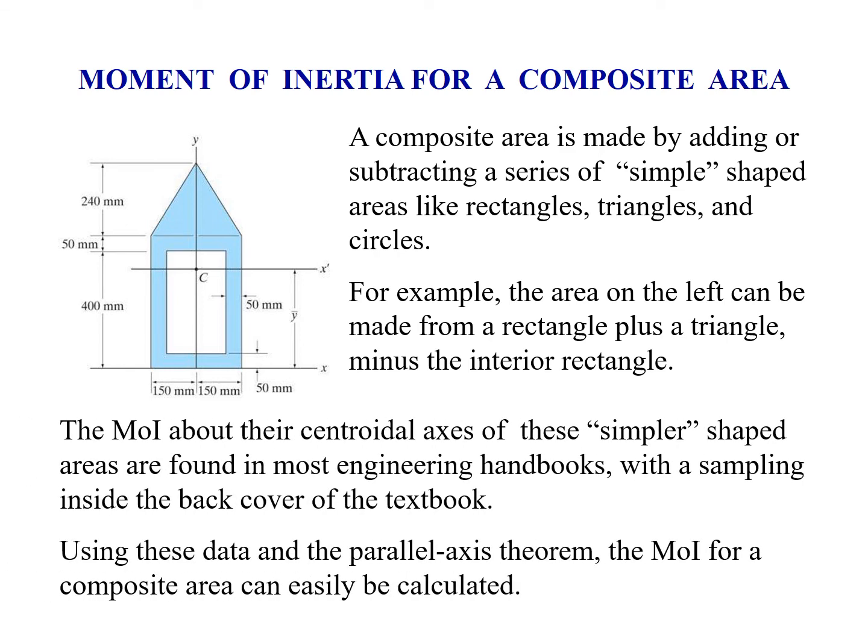The moments of inertia about their centroidal axes of these simpler shapes are found in most engineering handbooks, with a sampling on the back cover of the textbook. When using this data and the parallel axis theorem, the moment of inertia for composite areas can be easily calculated.